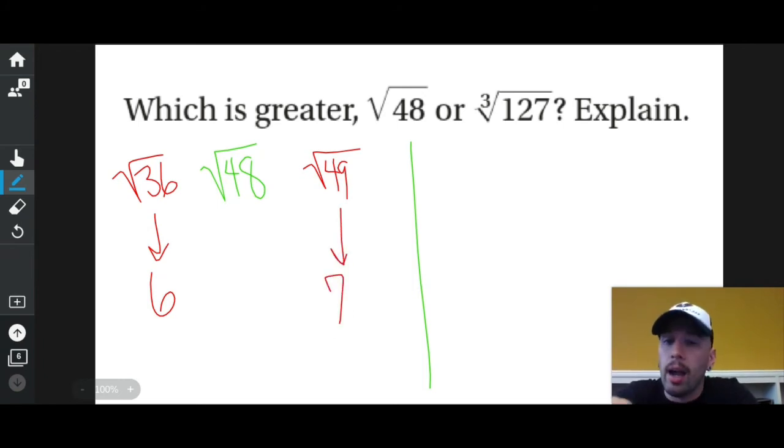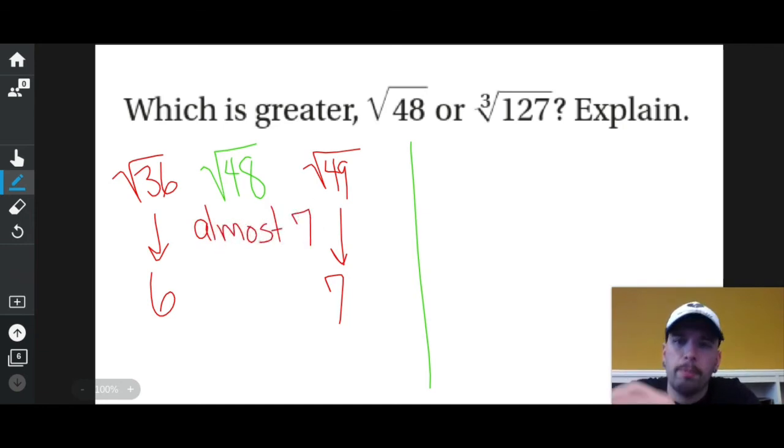So the square root of 48 is almost the square root of 49, which means this guy is almost 7. I'm going to write that out because my job is to find out what's greater. I do have a calculator, but that's too easy.